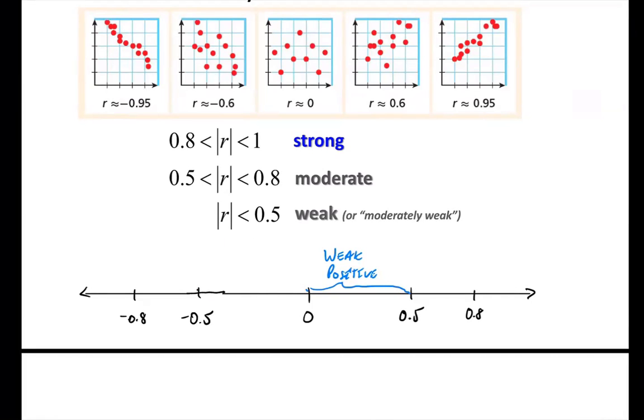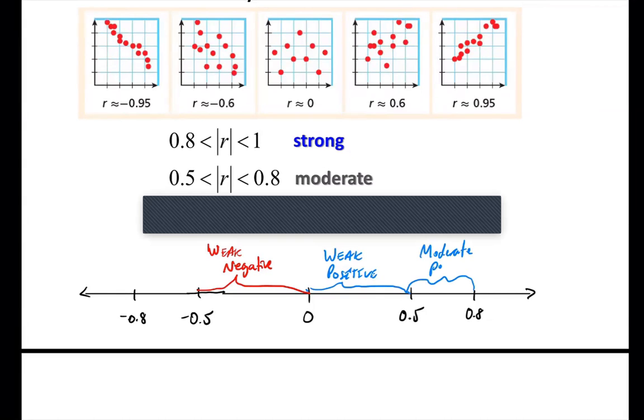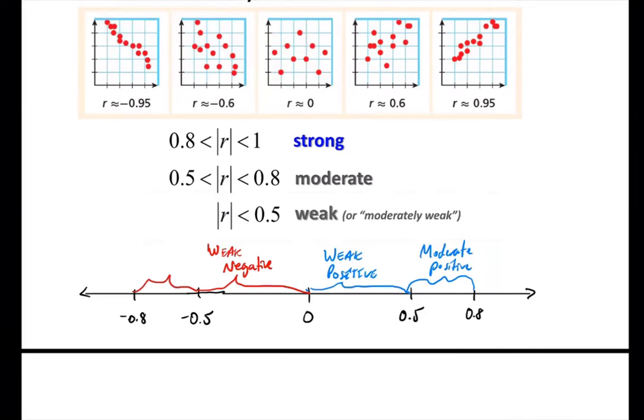Okay, so here, negative. Here is moderate positive. Over here is moderate negative.